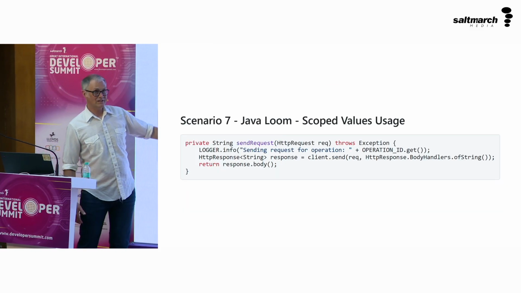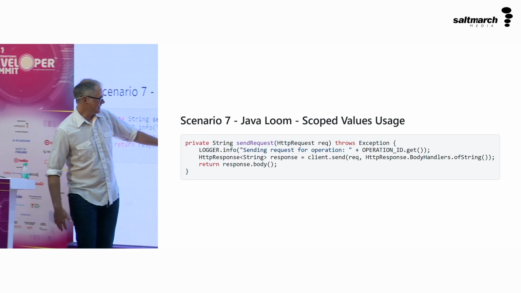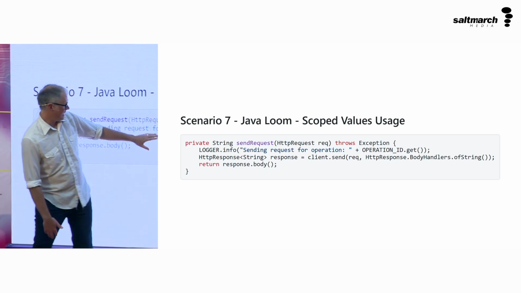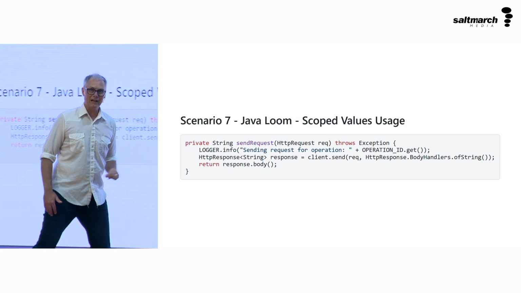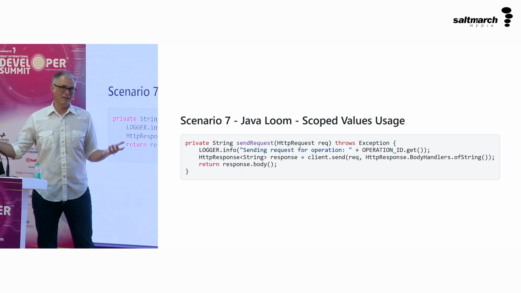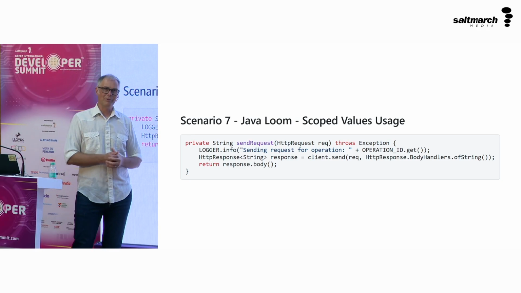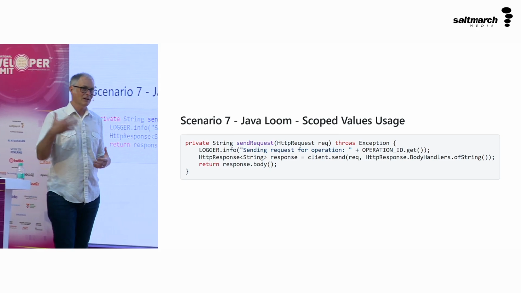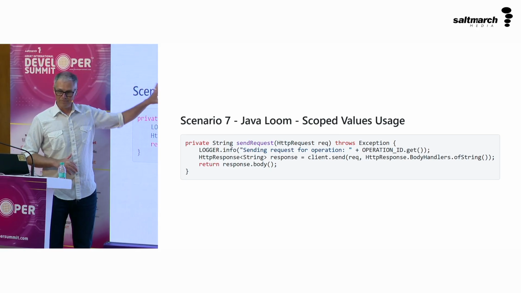That send request was down in a child in the scope, but I can still read it. So you'll see the operation ID. We're referencing that scoped value and calling get on it, and that allows me to get the scoped value out. So that's just an example. I need to come up with a better example, but this does show how you can have that state in your scope with structured concurrency and with Loom.